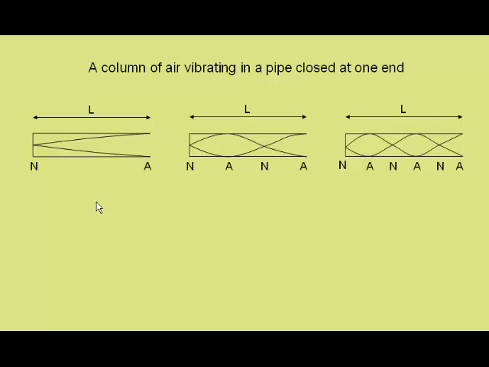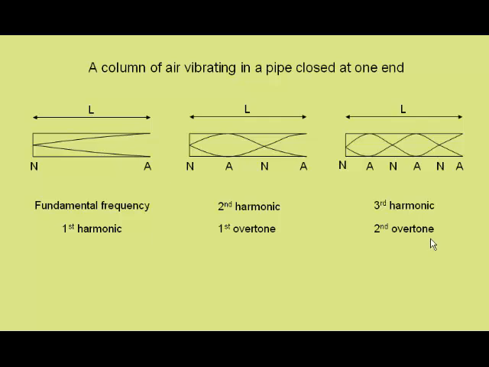This shows the lowest frequency that is possible in the column of air, so we call it the fundamental frequency, or the first harmonic. This is the second frequency allowed in the column, so it is the second harmonic, or the first overtone. This then is the third harmonic, or second overtone.